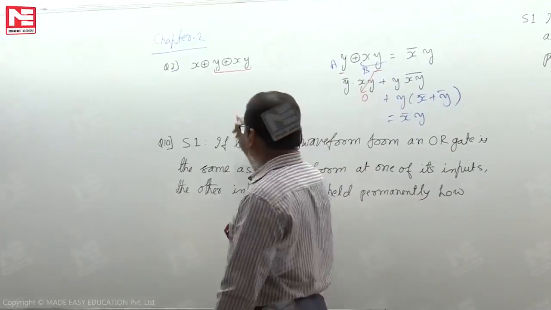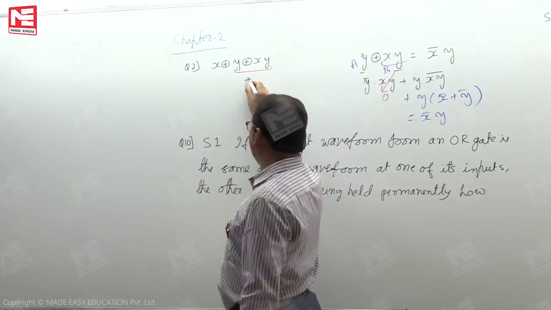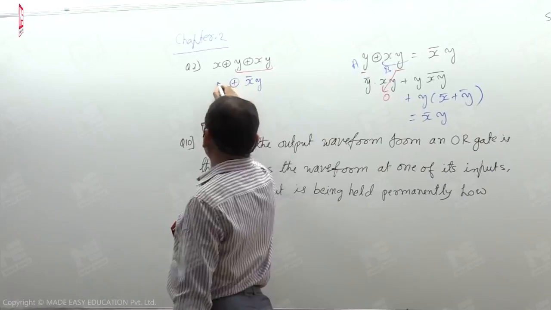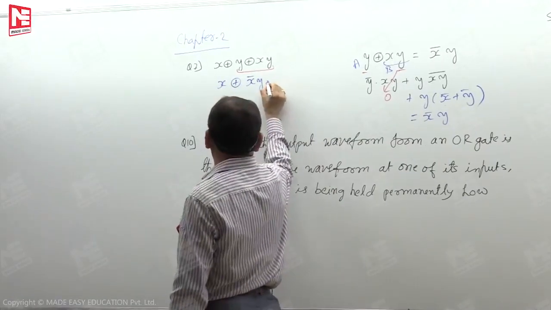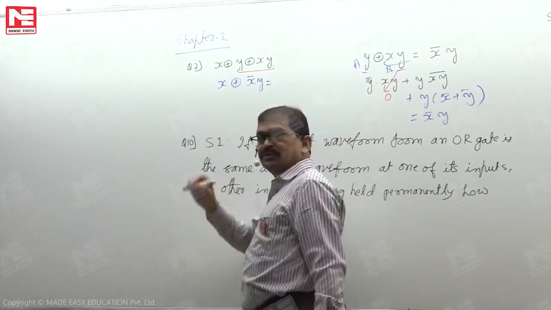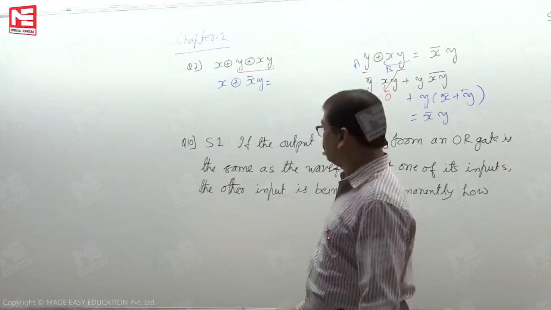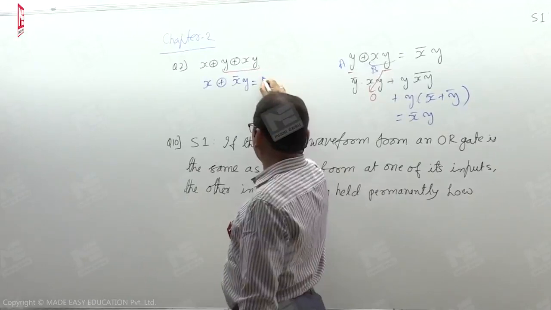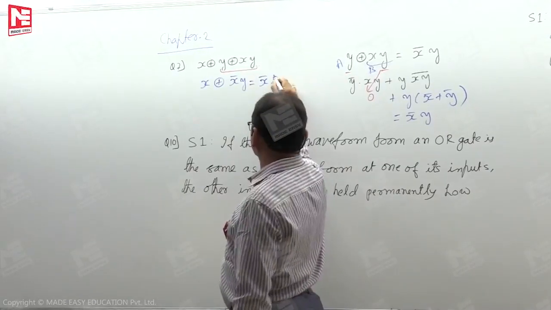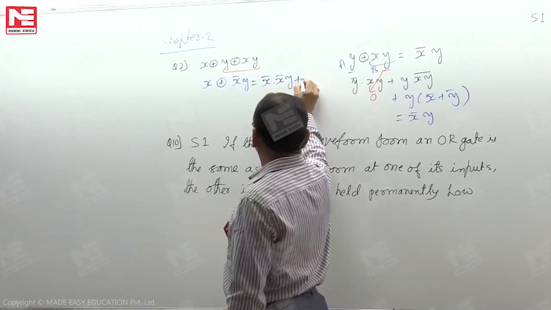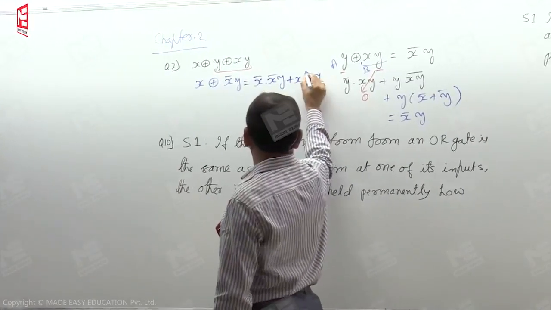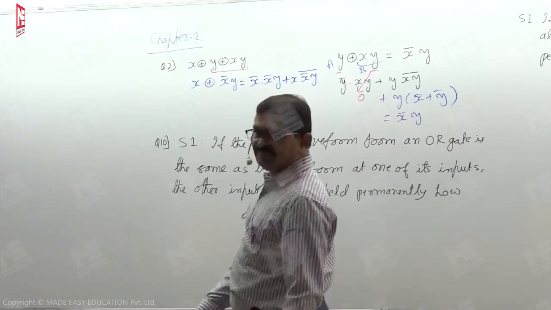Hence, we substitute this as X complement Y, exclusive or with X. While expanding using the exclusive or relation, this will be X complement and with X complement Y, or with X complement Y complement.